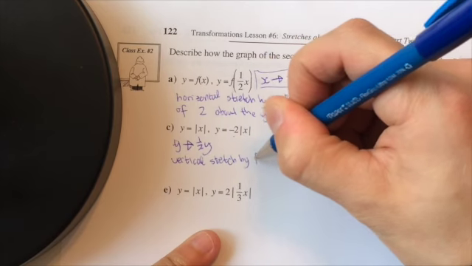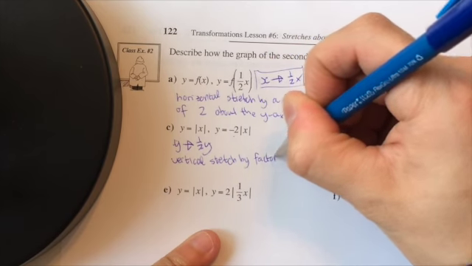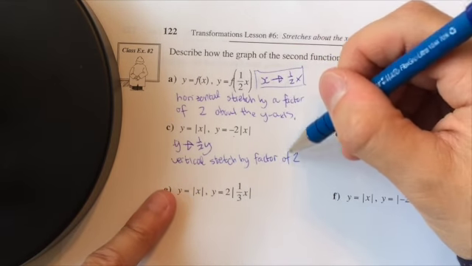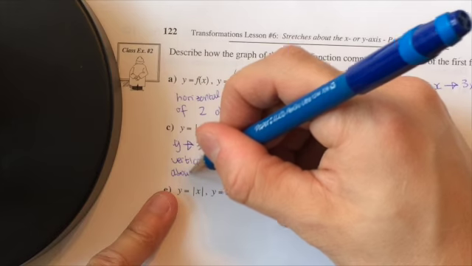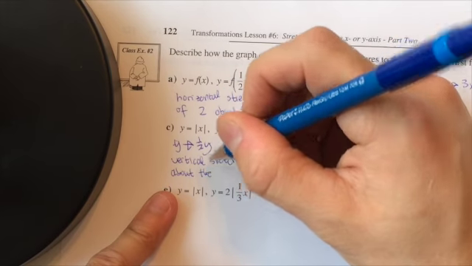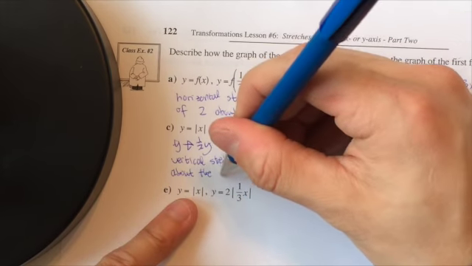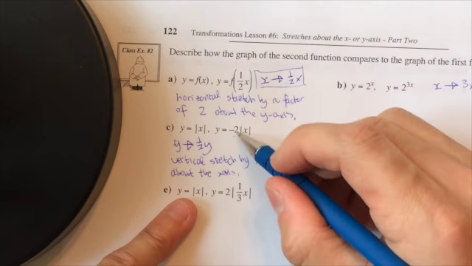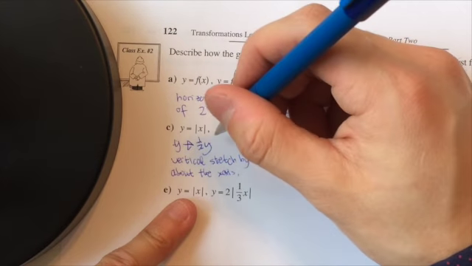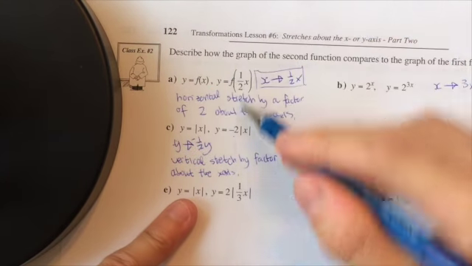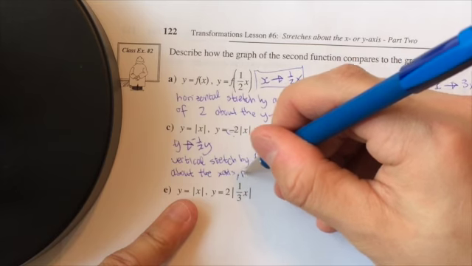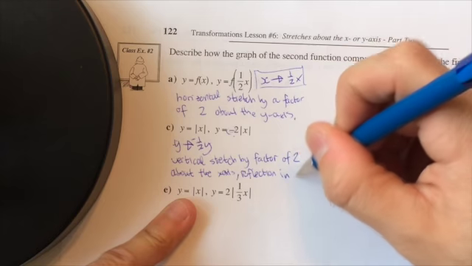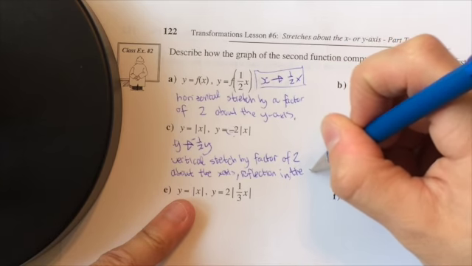Vertical stretch by a factor of 2. This is 1/2 y, factor of 2, and that's about the x-axis. And that looks like it's negative 1/2, which I didn't catch the first time, negative 1/2, so there's also a reflection in the x-axis.